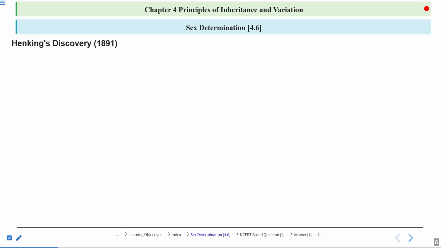Now let's talk about Henking's discovery in 1891. So what was his discovery? Henking identified specific nuclear structures during spermatogenesis. Spermatogenesis is sperm formation, which occurs in males. Like in humans, spermatogenesis occurs in the testes. Henking identified specific nuclear structures, meaning structures present within the nucleus, during spermatogenesis.